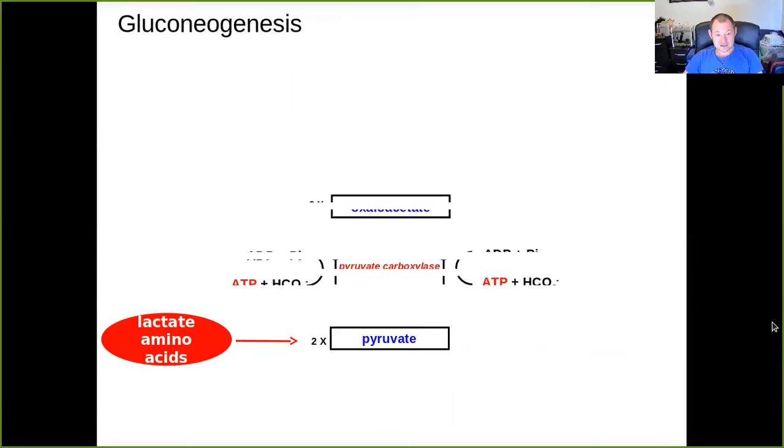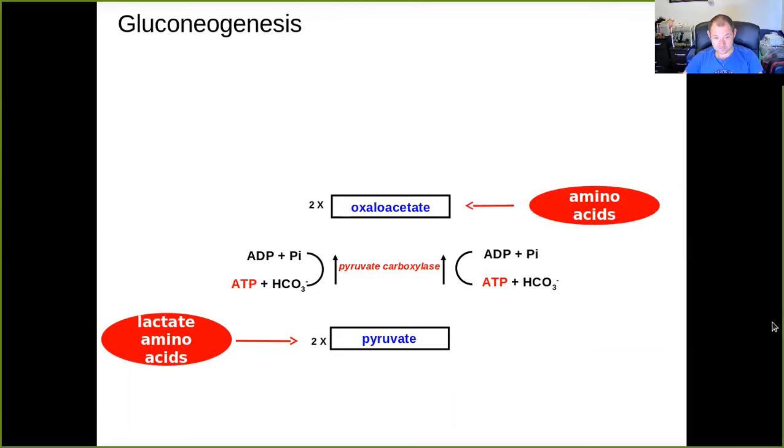And basically, let's go through this. We can produce pyruvate from them. And then we get ATP being spent, producing ADP. That produces oxaloacetate. Amino acids can actually go directly into this step.